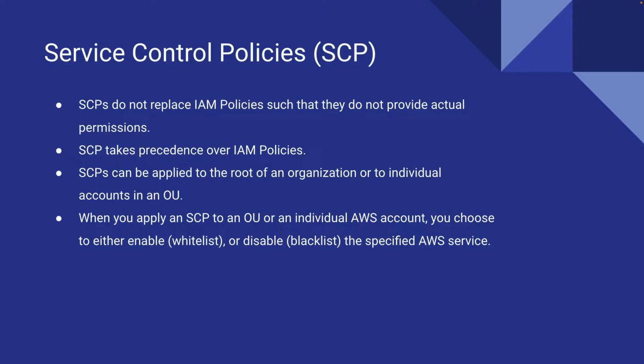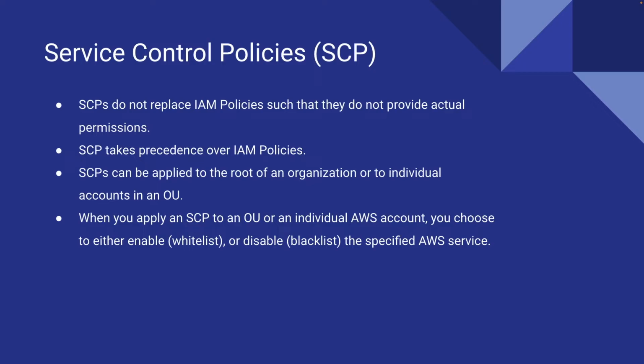SCPs are used in conjunction with AWS Organizations, in that you can assign SCPs to the root organization, which means that SCP control would be applied and would filter down across all the OUs and all the accounts in that organization. Or you can assign SCPs to individual OUs that sit under that root, or you can also apply them to individual accounts.